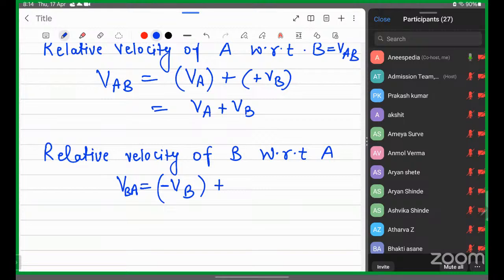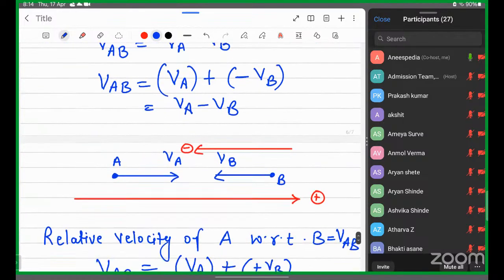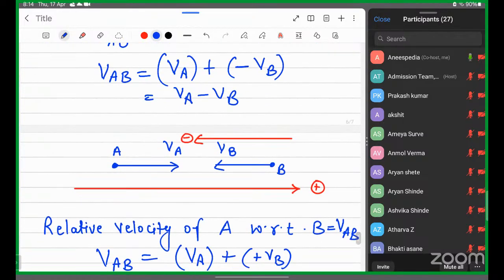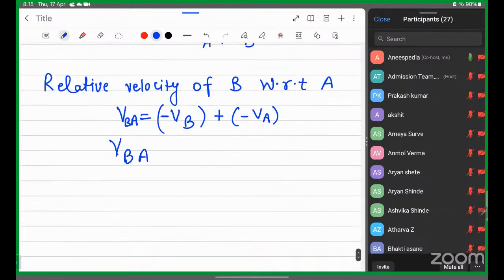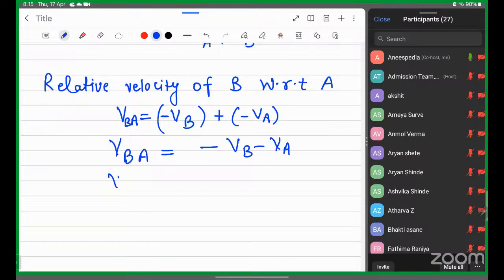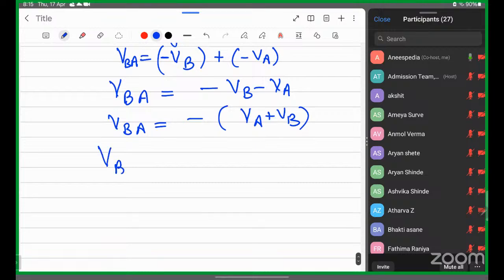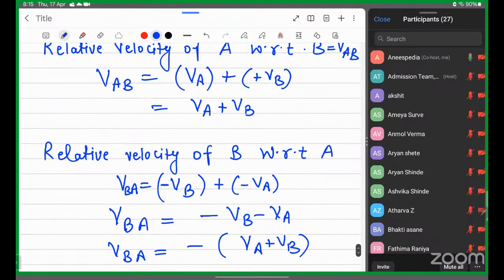Plus, I will reverse the direction of object A and give its velocity to object B. Right now, object A is in positive direction, so on reversing its direction, it will be minus VA. So the relative velocity of object B with respect to object A will be minus VB minus VA, which can be rearranged as minus VA plus VB. This simply implies that velocity of object B with respect to object A is the negative of velocity of object A with respect to object B, because VA plus VB is VAB.